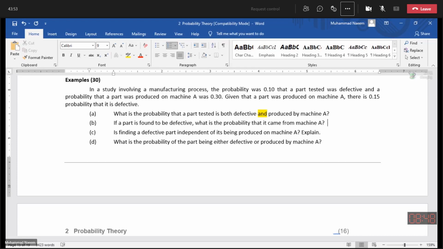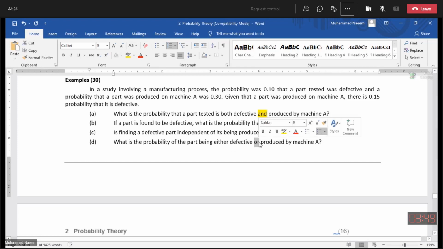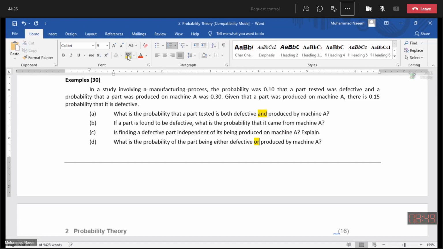In third part, we check whether the part being defective is independent of its being produced by machine A. In this part we check the independence of E and D. In fourth part, we find the probability of both events connected with OR.